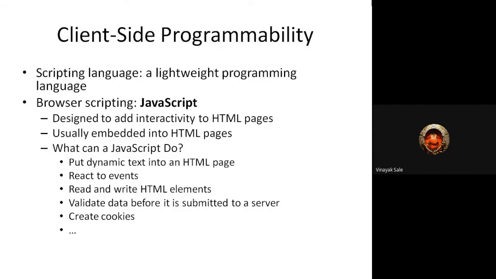Then client side programmability. Client side requires a scripting language, that is a lightweight programming language. So browser scripting such as JavaScript is designed to add interactivity to HTML pages and is usually embedded into HTML pages.